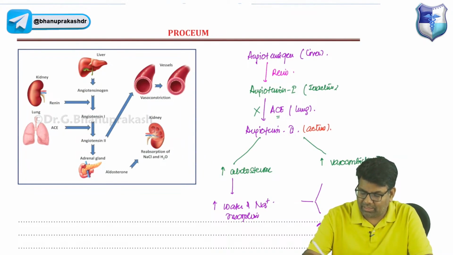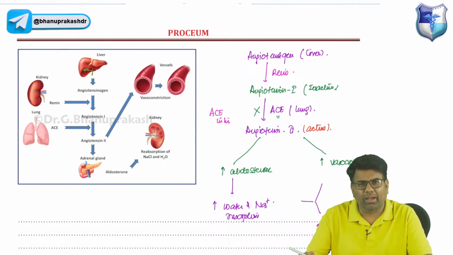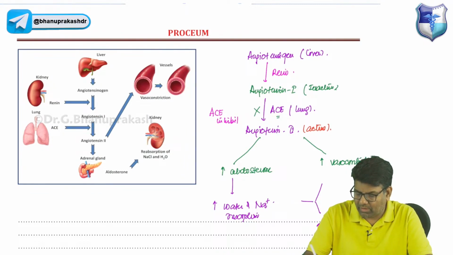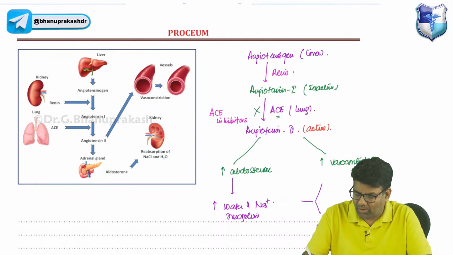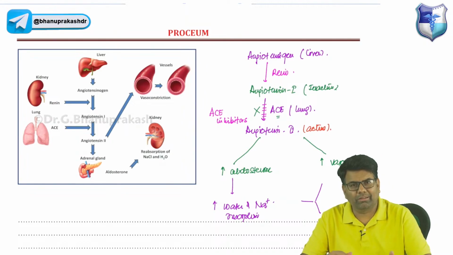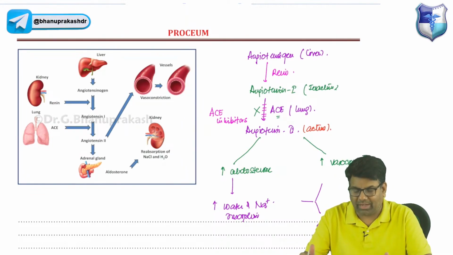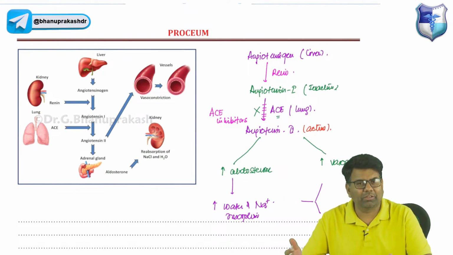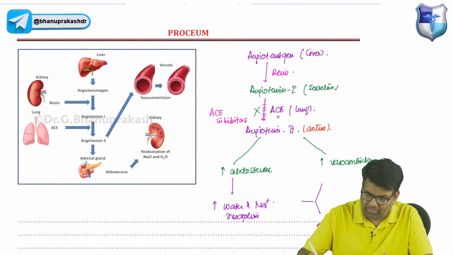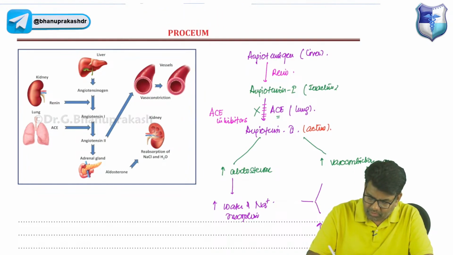So ACE inhibitors, or pril kind of drugs, captopril, lisinopril, block this particular part, so they prevent conversion of angiotensin 1 to the active angiotensin 2, and therefore this whole cycle cannot be completed. The blood pressure does not increase at all. Right? So that is the clinical correlation of this whole cycle.